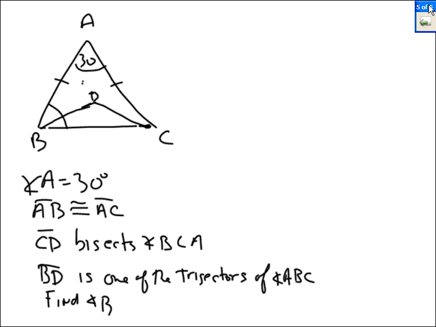But the other two angles are equal. Okay, so just want to write this up nicely. CD bisects the angle. So those two angles are equal.